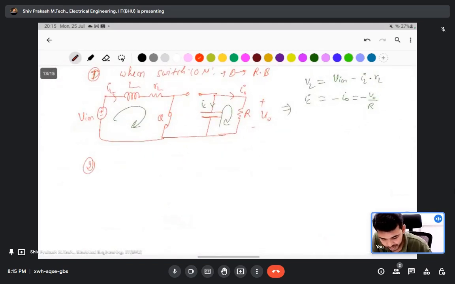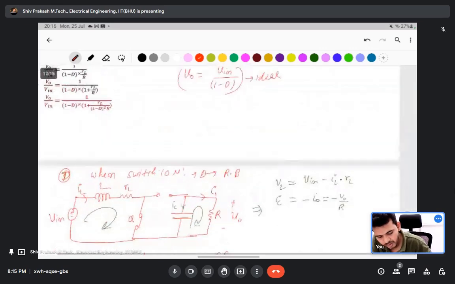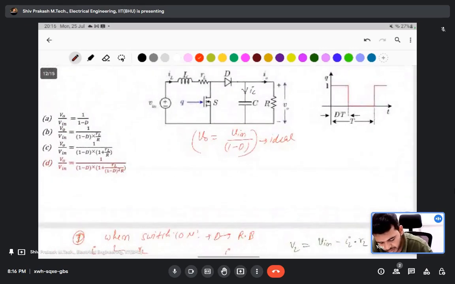Second, when the switch is off, then the diode is forward biased. How is it forward biased? Guys, this is off, then the total voltage appears here. V in appears here as the higher voltage, here lower voltage. So this is the diode on.